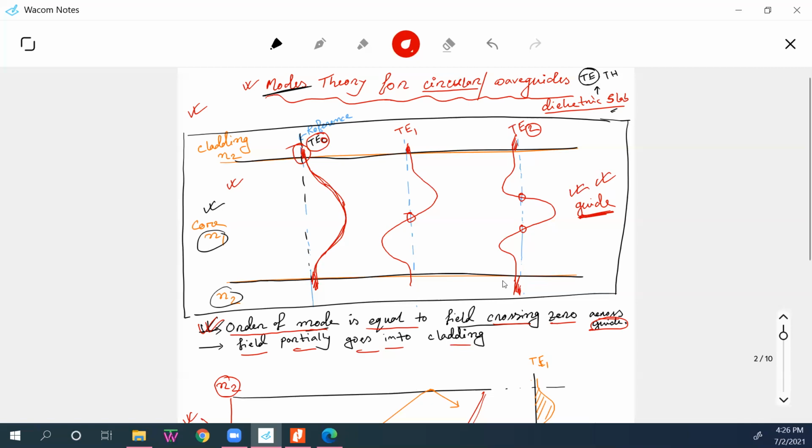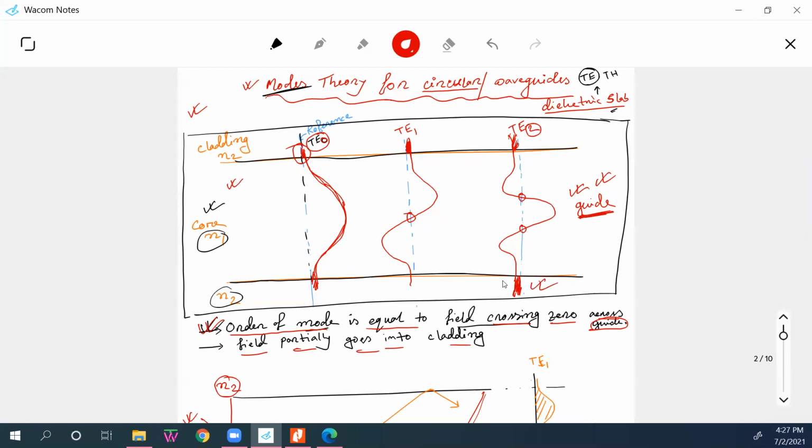The higher the mode, what happens? If I draw it, this area is more than this area. So the higher the mode, the more leakage, that is, the more optical power goes to the cladding region.